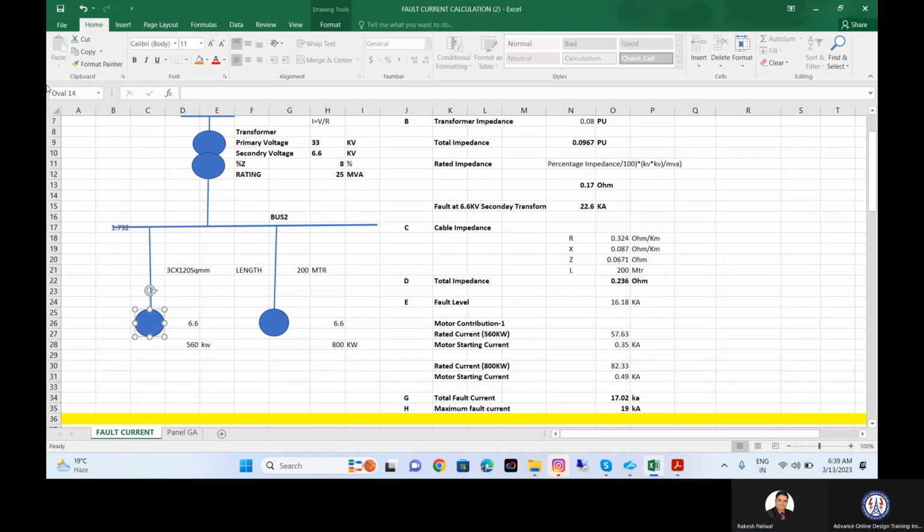Suppose there is a light fixture connected here. Will it contribute to fault current? Will it be a source of energy?